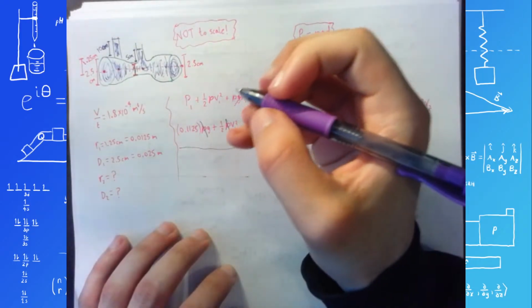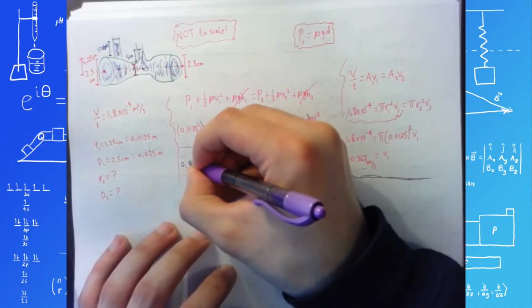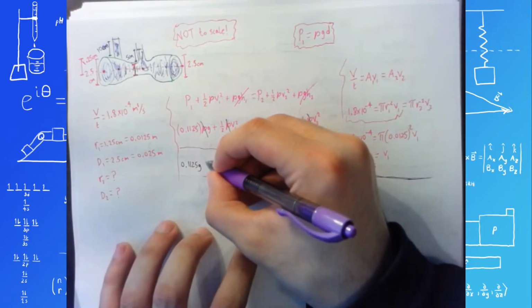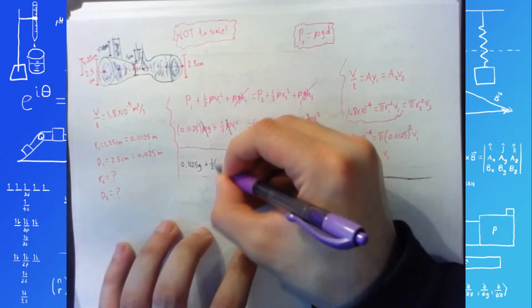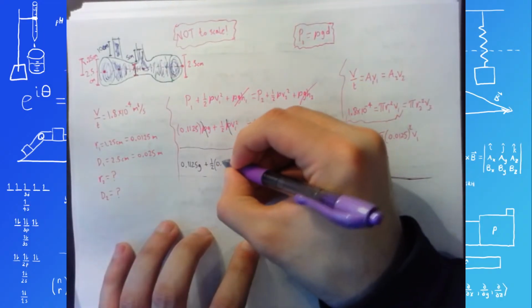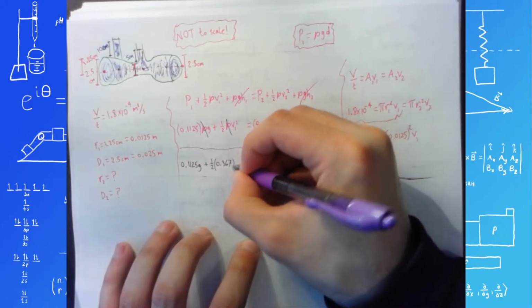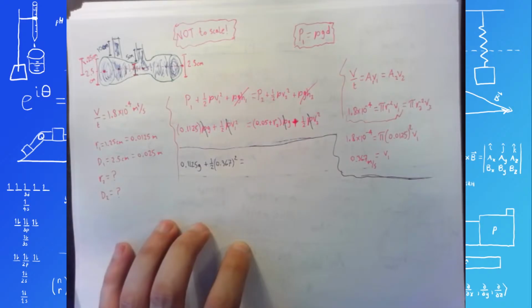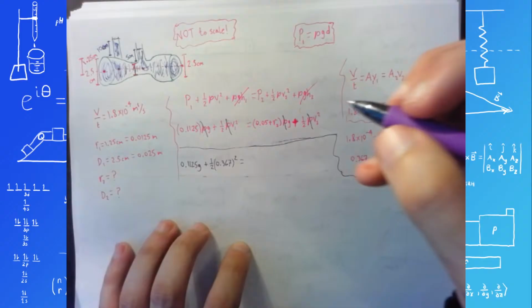So it will be 0.1125 G plus 1/2 of 0.367 squared equals, we are trying to solve for R2, so I would rather rewrite V2 in terms of R2. So that's what I'll do with this in a minute.